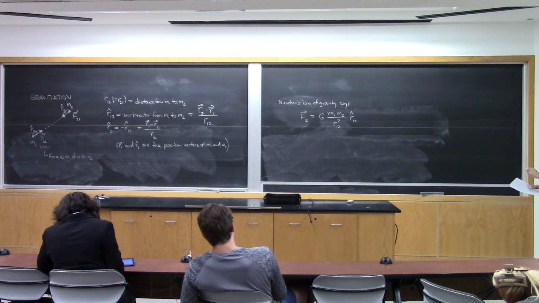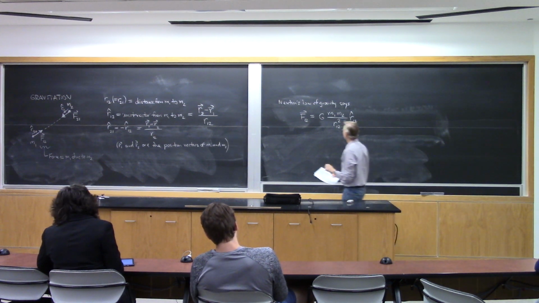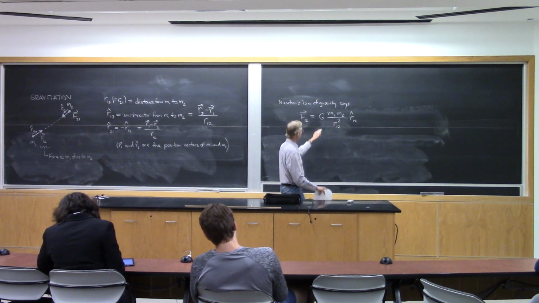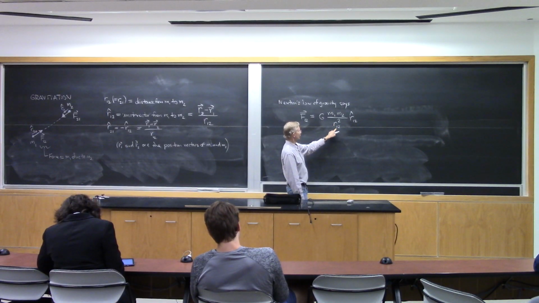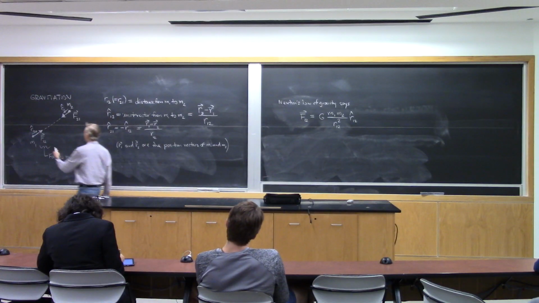The force on M1 due to M2 is of magnitude G M1 M2 over R12 squared, and it's in the direction from 1 to 2.